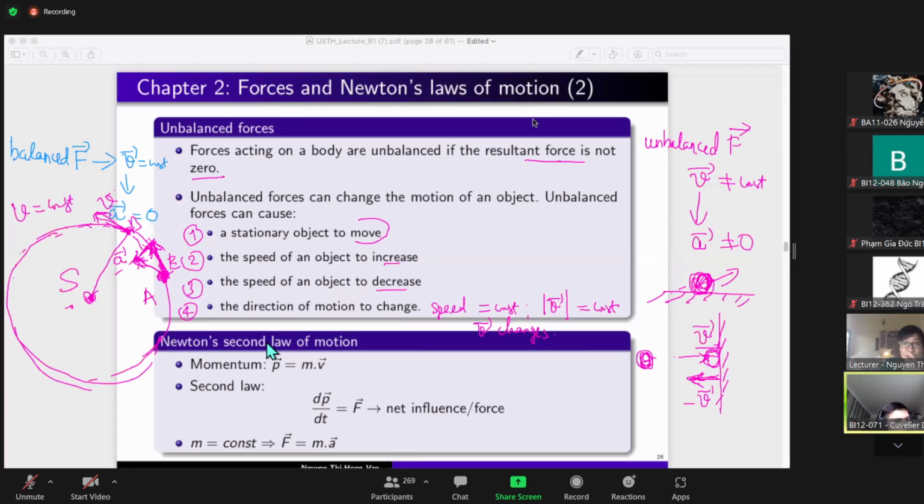Otherwise, do you have another example for the fourth situation where the direction changes but not the velocity, other than the planet Earth orbiting the sun and other than when the ball impacts the surface? Yes, that is the circular motion in general with a constant speed. Okay.